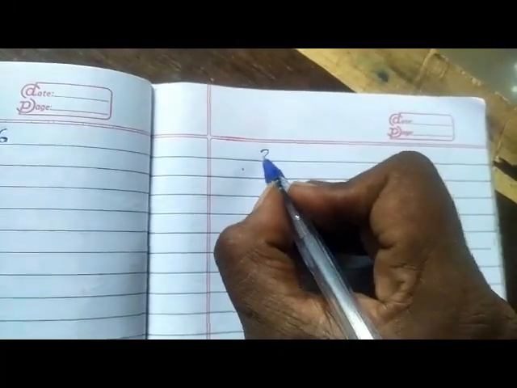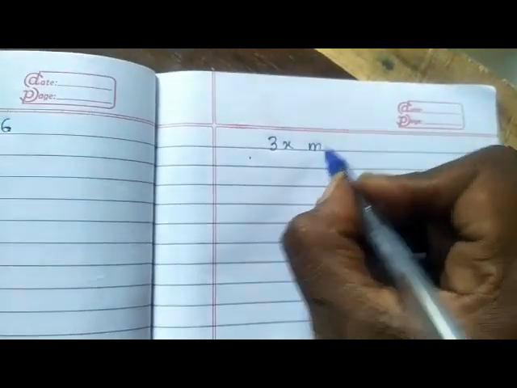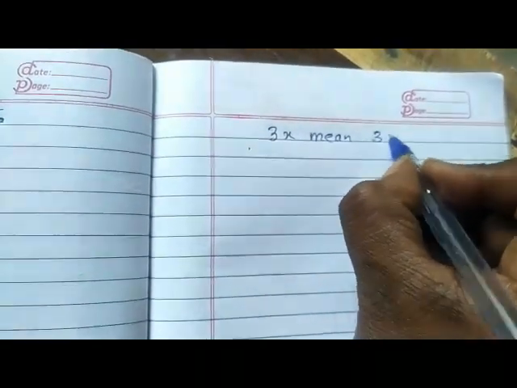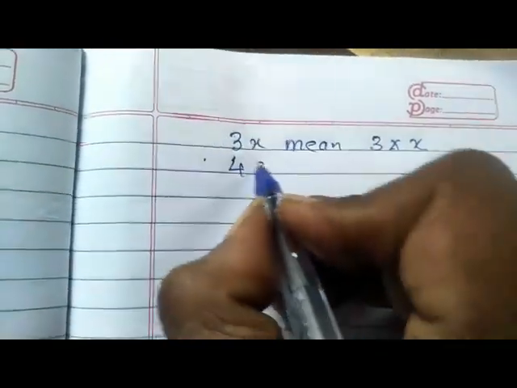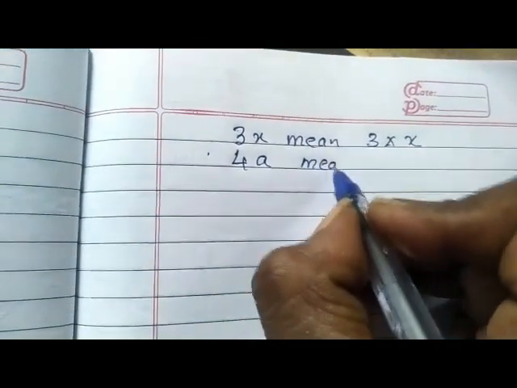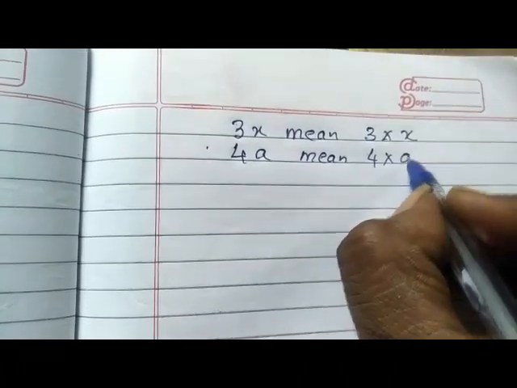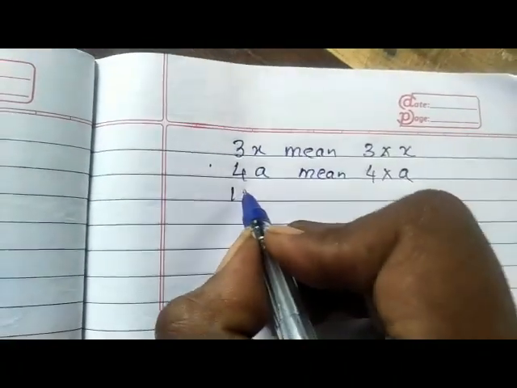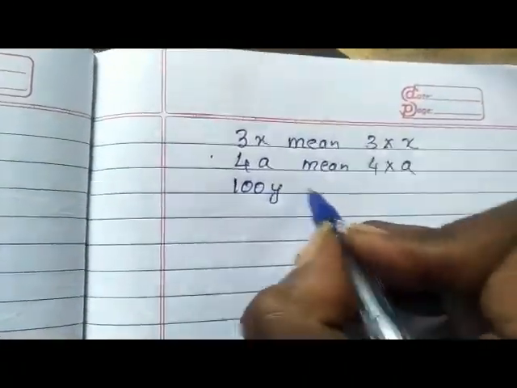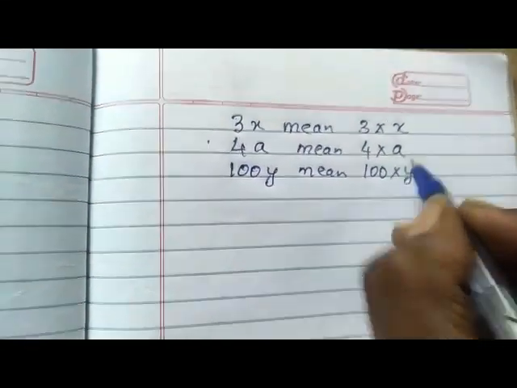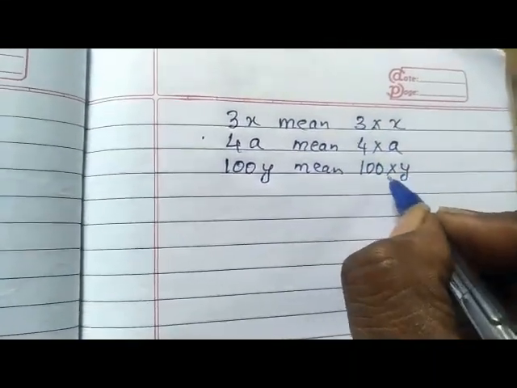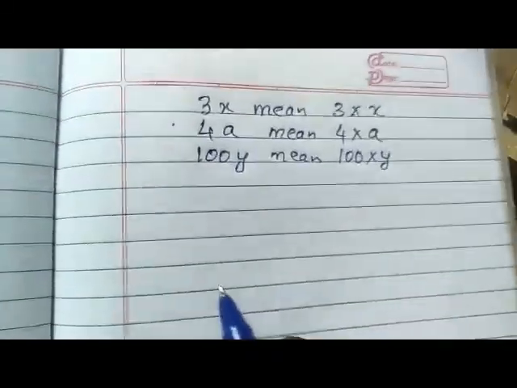See, when I write 3x, it means 3 multiplied by x. When I write 4a, it means 4 multiplied by a. When I write 100y, it means 100 multiplied by y. So here we don't write the multiply sign. It is understood.